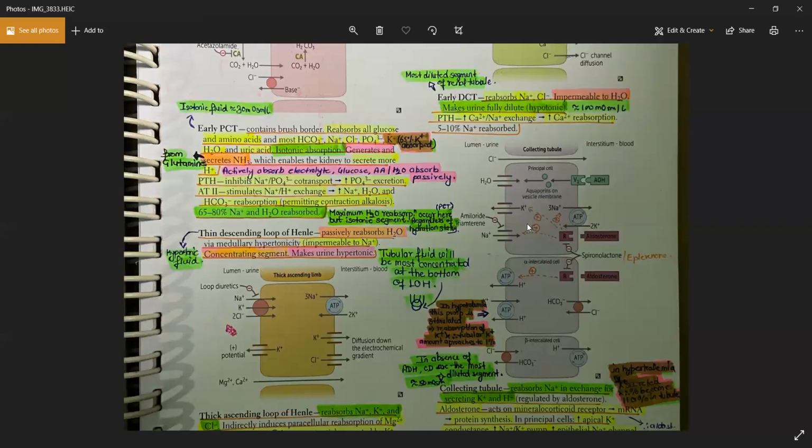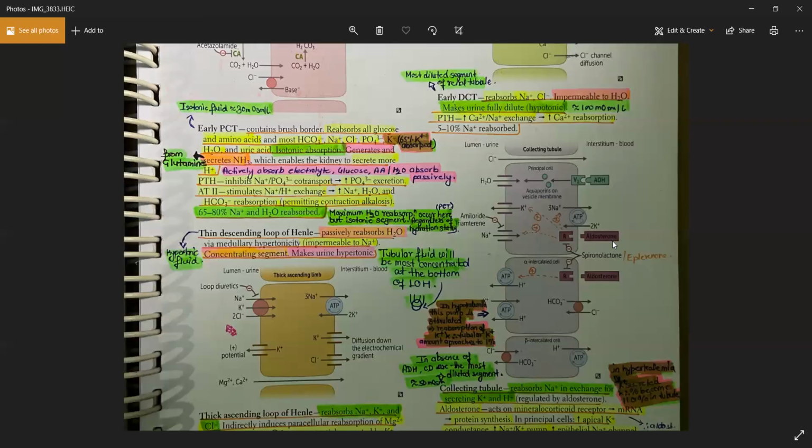And cause the efflux of potassium. That is the first thing. Second thing, it causes the activation of the hydrogen ATPase pump in the alpha intercalated cells, and as a result, you will get the efflux of hydrogen from the cell, getting rid of acid, so you will get a metabolic alkalosis whenever you have aldosterone activation.